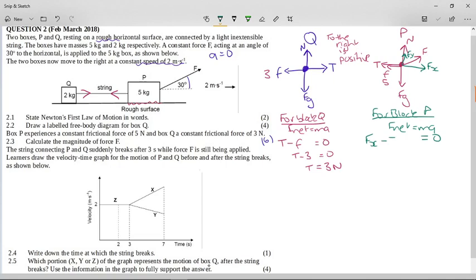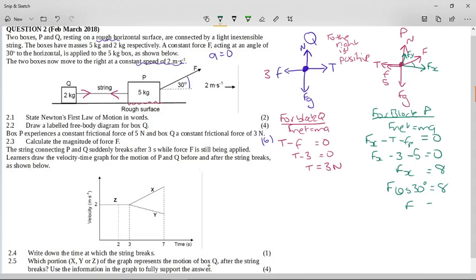Fx minus T minus F, and remember this is Fp, is going to be 0, and we found the tension was 3, so Fx minus 3 minus this 5 that they told you about in the question is 0, so Fx equals 8. Okay, but remember Fx is the same as saying the force F cos the angle, so F cos 30 degrees equals 8.